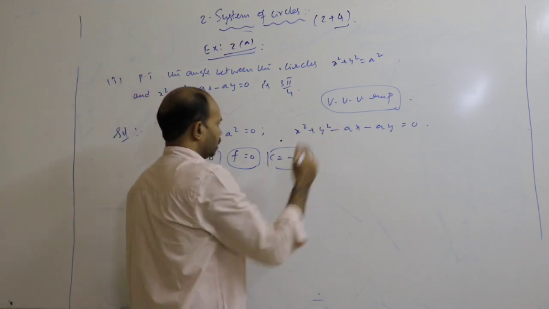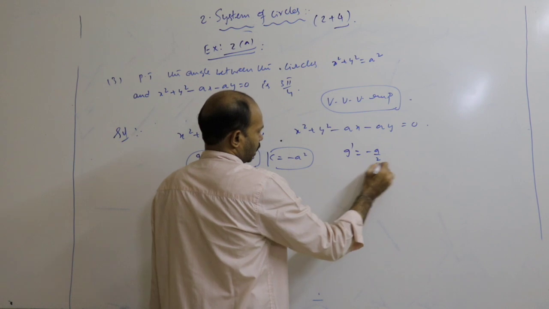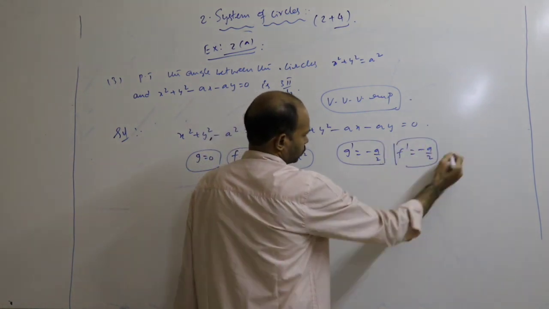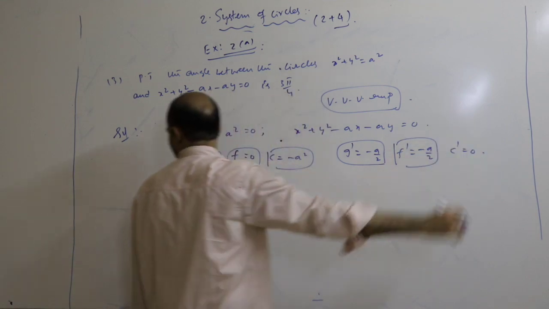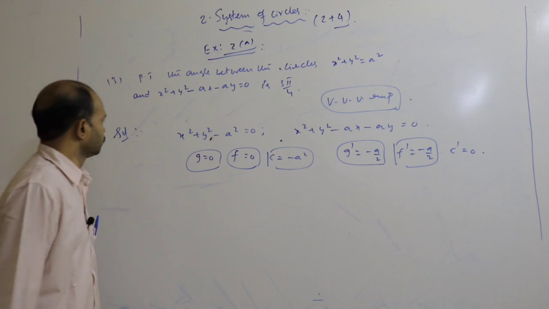This is c. Come to the next: g dash is minus a by 2, f dash is minus a by 2, c dash: there is no c dash, so the value of c dash is equal to 0.